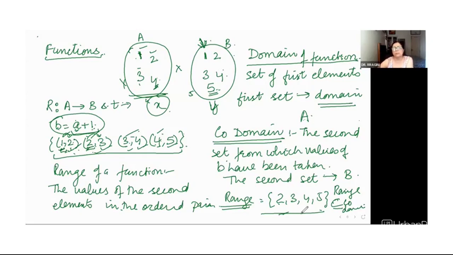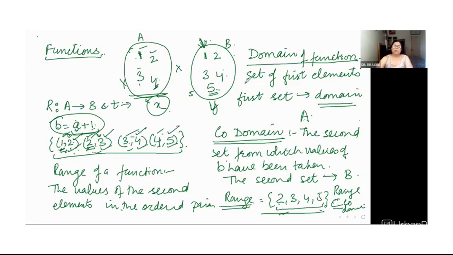Here it is a proper subset of B because we have left out 1. Had 1 been here, this would have been the whole set, and in that case it is an improper subset. So the codomain is the whole set B and the range is only these 4 values which are being used at the second place, right?